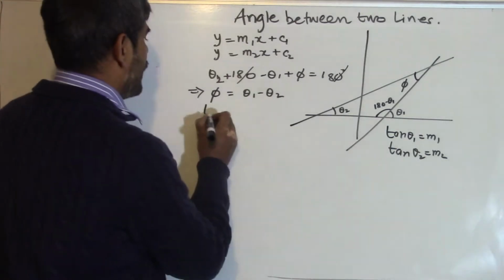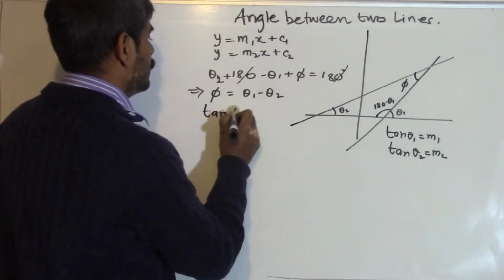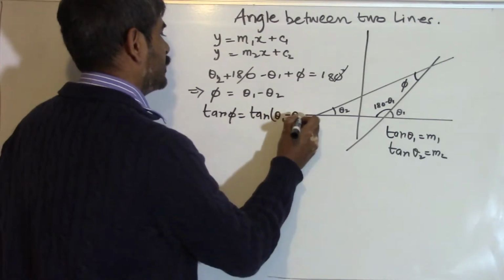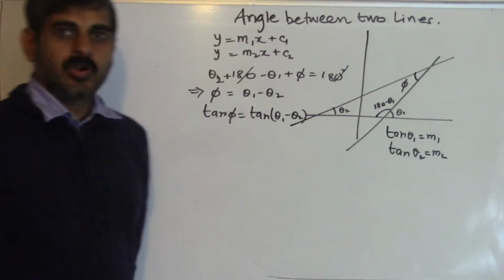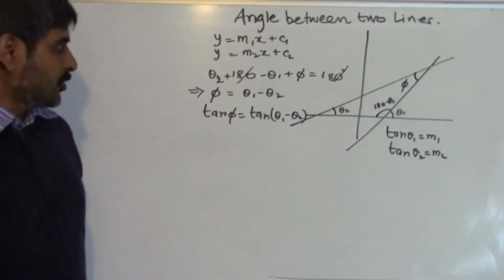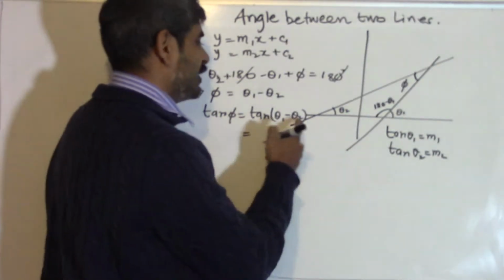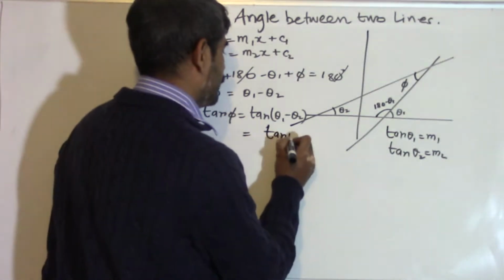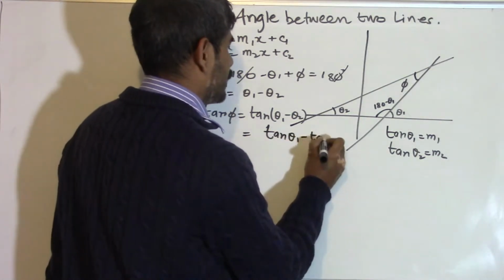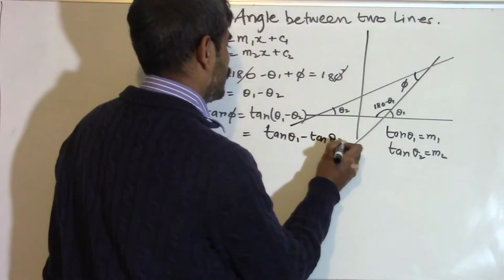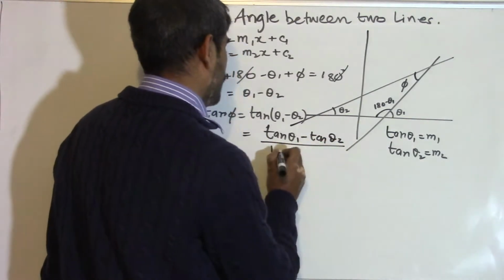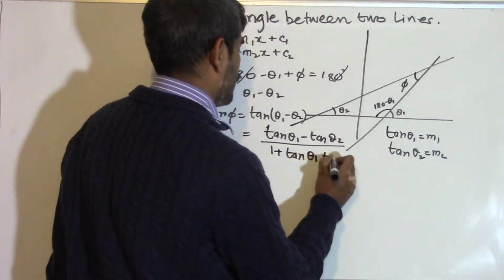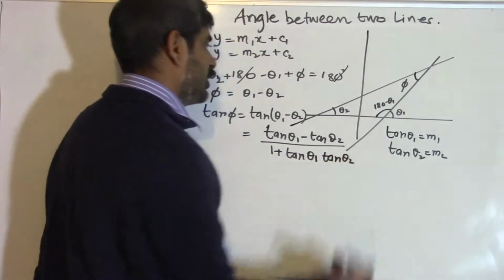So tan phi is equal to tan of theta 1 minus theta 2, and at this point we can use the trigonometrical identity: tan of theta 1 minus theta 2 is equal to tan theta 1 minus tan theta 2 divided by 1 plus tan theta 1 tan theta 2.